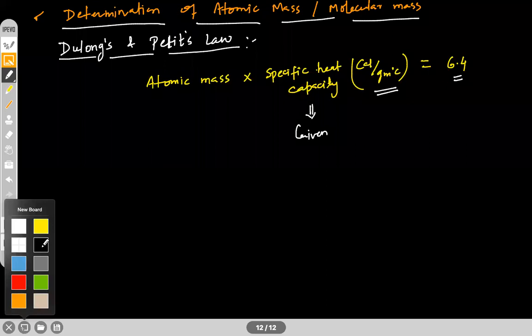Write down the concentration term. And this concentration term will be used in the entire chemistry.